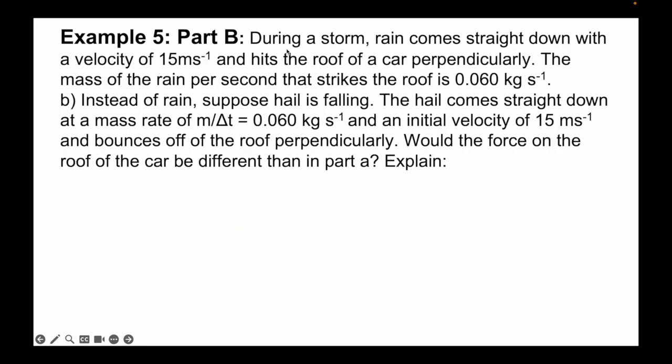Let's take a look at part B now. Part B says instead of rain, suppose hail is falling. And hail is a type of ice or a very solid precipitation that comes from clouds. The hail comes straight down at a mass rate of mass divided by time, 0.060 kilograms per second, so the same rate as we saw before, and an initial velocity of 15 meters per second, and bounces off the roof perpendicularly.